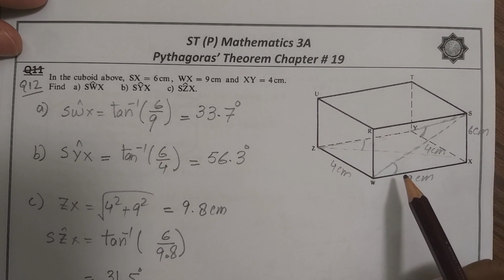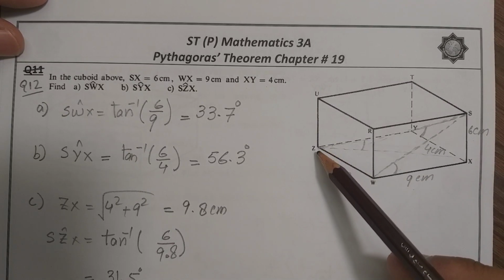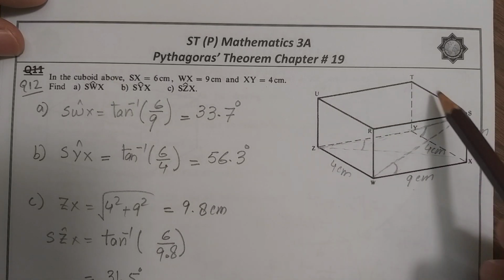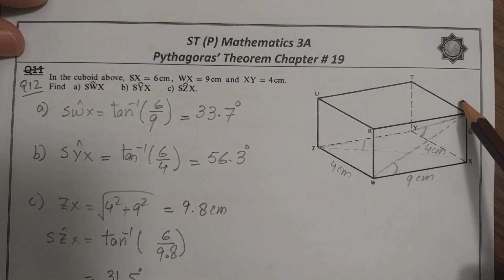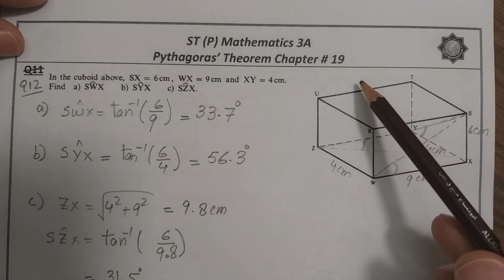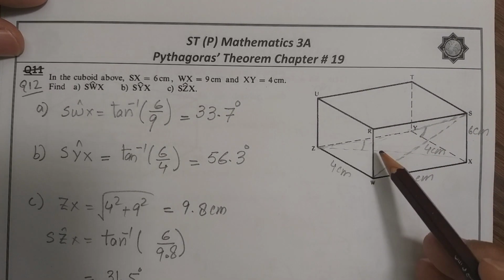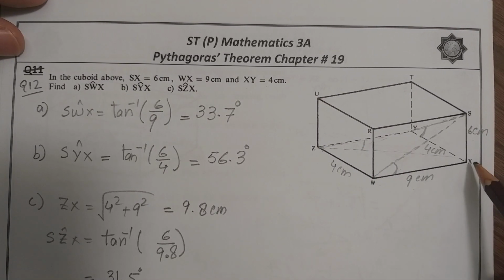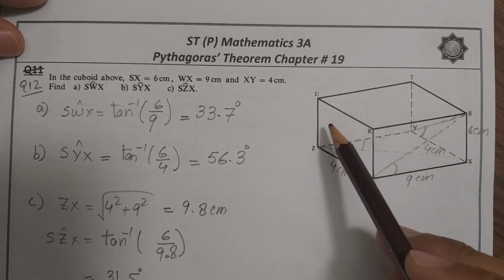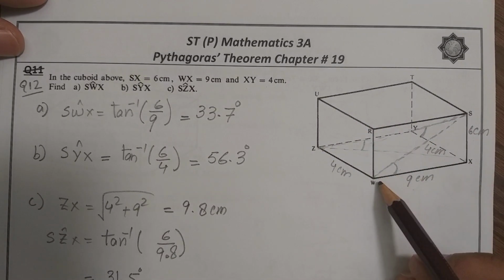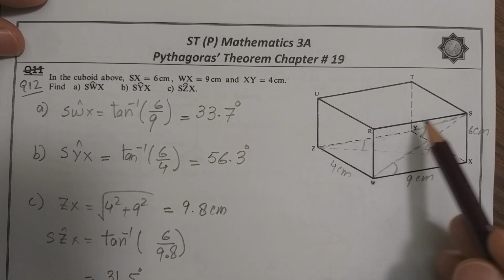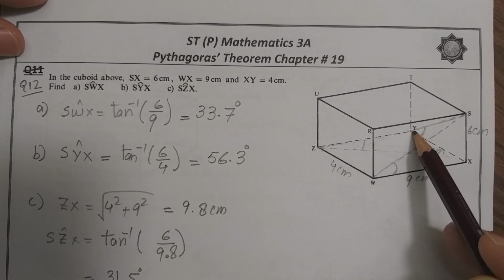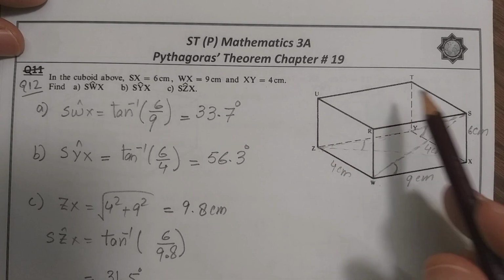In a cuboid, as we know from the previous video, the base must be equal to the top, the side must be equal to the opposite side, and the front equal to the back side. So UZ, RW, SX, TY all are equal, and the same with WX, RS, UT, ZY, they all are equal, which is 9 centimeter.